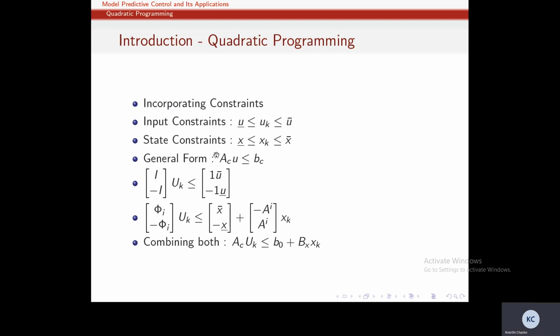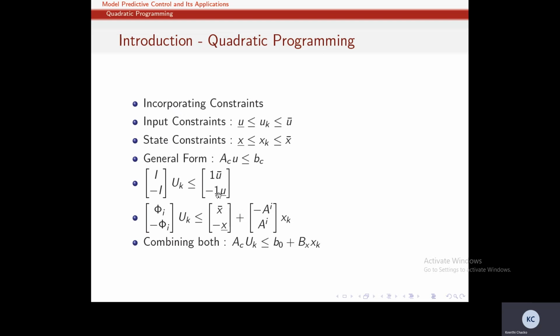This is a general form of constraint. We will modify these constraints into this generalized form in terms of only u. The input constraints we can write in a straightforward manner, where each uk will have a minimum and a maximum bound.